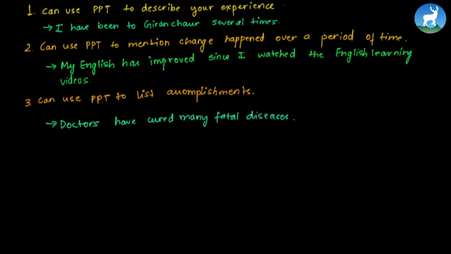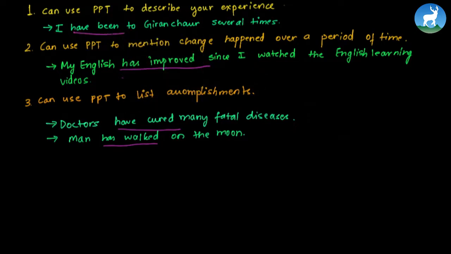So this is an accomplishment, that doctors have cured so many fatal diseases by now. Another individual accomplishment could be, man has walked on the moon. So these sentence structures show the use of the present perfect tense: has walked, have cured, has improved, have been. These are the present perfect tense.